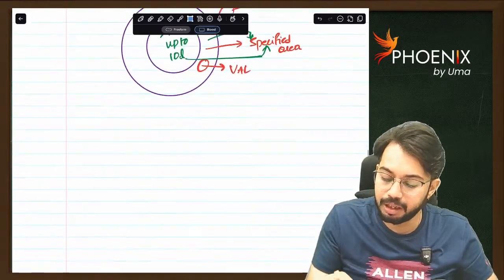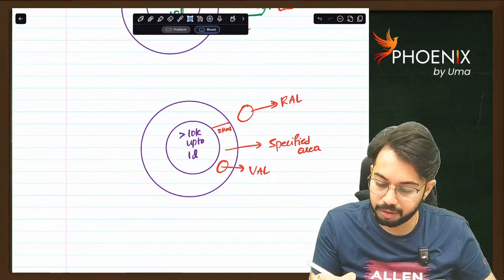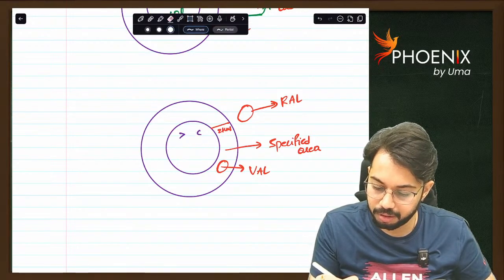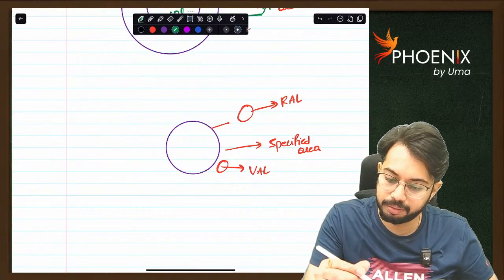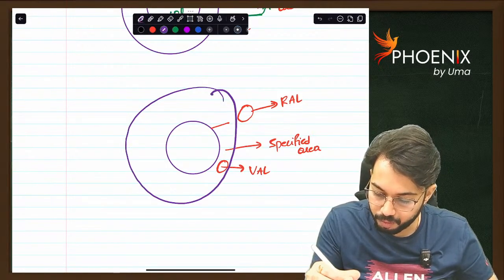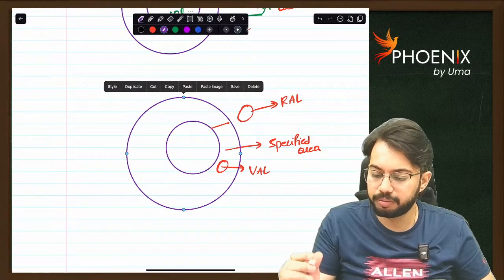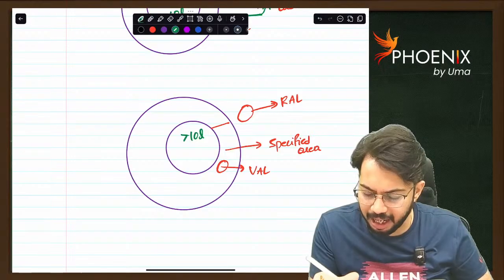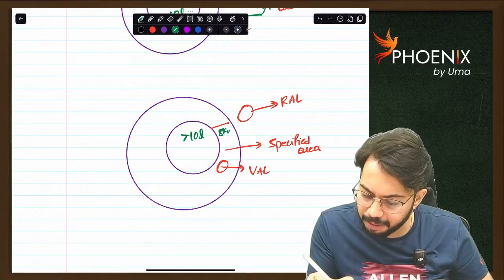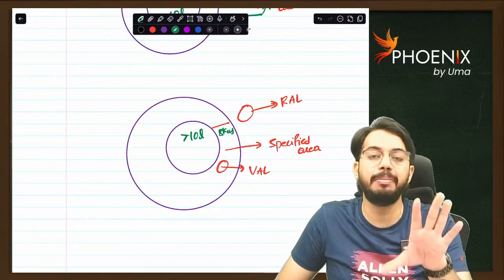Now, case 3. What does case 3 say? If the population is more than 10 lakhs, 8 kilometers from the end of the municipality will be treated as urban area. What do you mean by this?